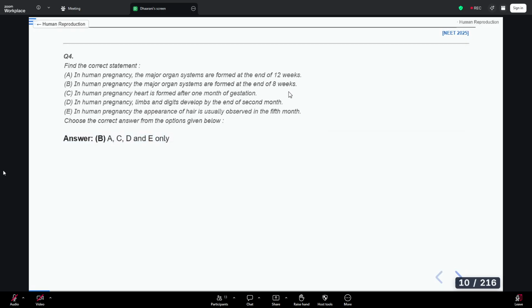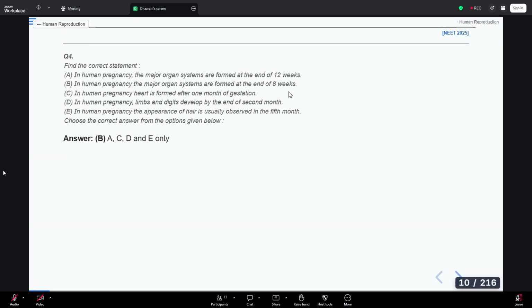See, remember once again, during your first month, means 1 to 4 weeks, your heart will be formed and it will start beating. Okay. In the second month, 5 to 8 weeks, limbs and digits will develop.